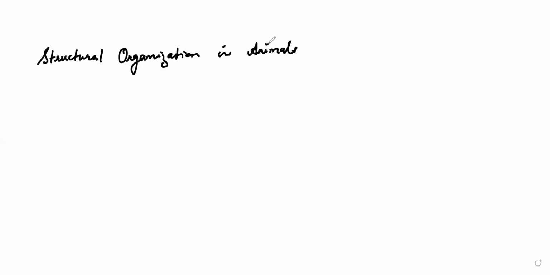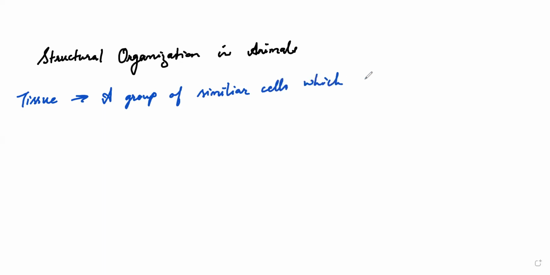So the first thing is what? Tissues. So already we know what is tissue. What is tissue? Tissue is nothing but a group of similar cells which performs a specific function.